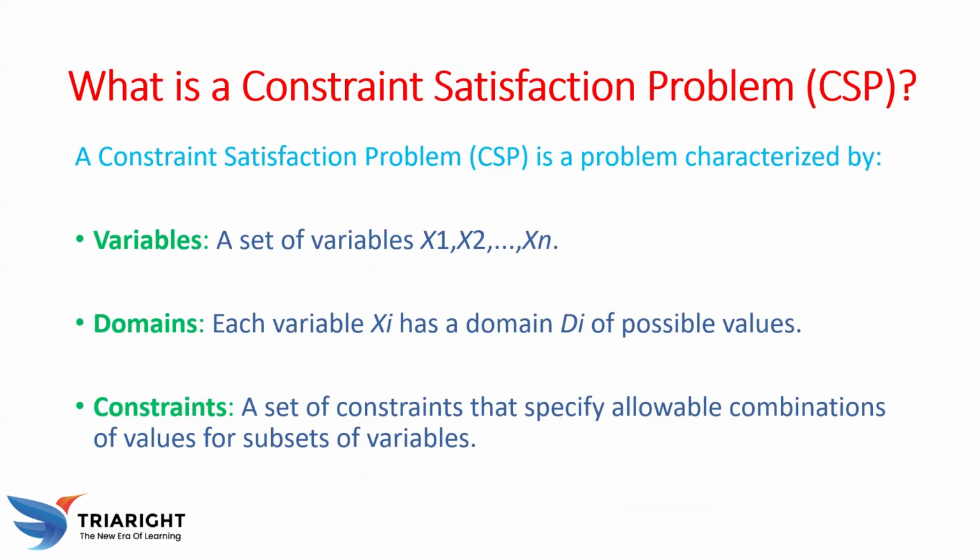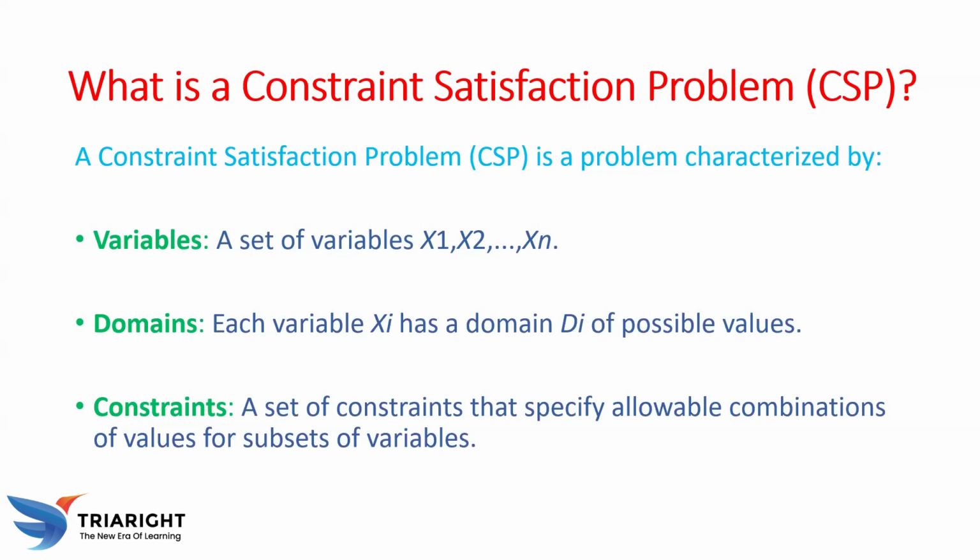In the domain, each variable xi has a domain di of possible values, right? So for each variable xi there is a domain di, which is the set of all possible values that xi can take. Then constraints: a set of rules or conditions that specify allowable combinations of values for subsets of the variables.